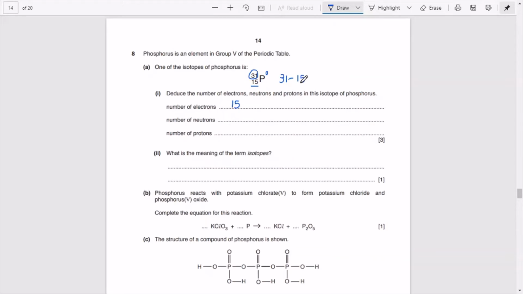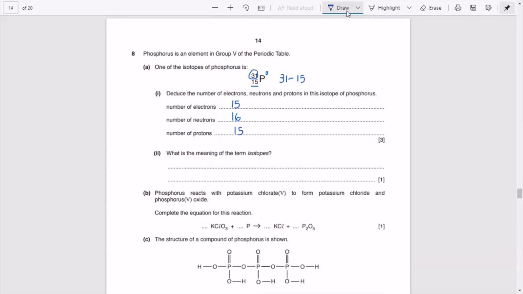It's basic subtraction: 31 minus 15 is 16. And protons is 15 as it is mentioned.